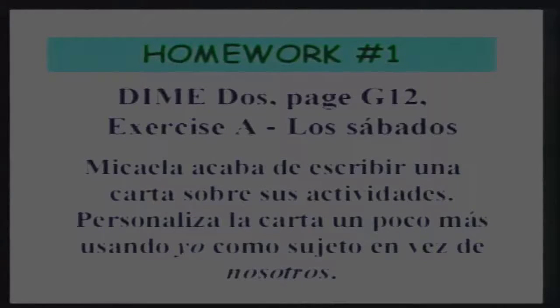So as you look at the letter and you find the verb that is in italics, that verb has to change from the first person plural to the first person singular. Now remember, we want you to complete these as homework. That's page G12, exercise A.